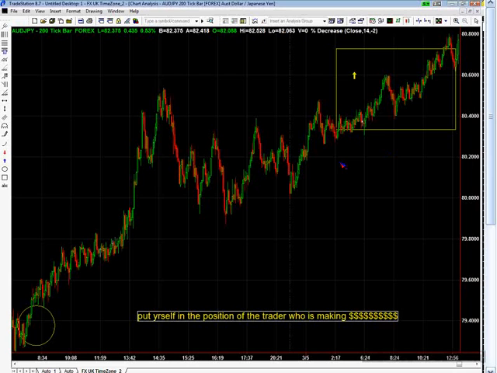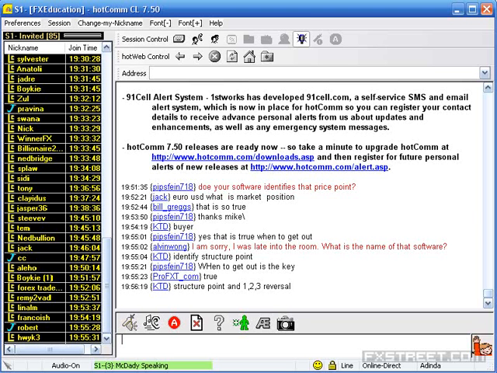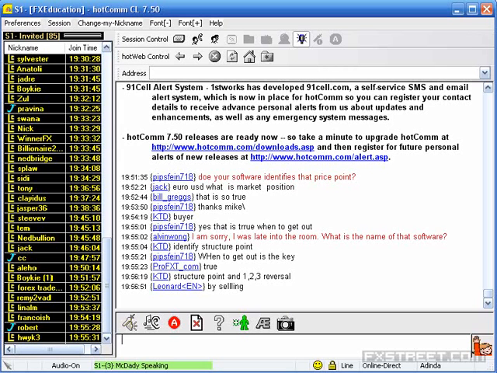The second thing is, I want to know where this guy who's making this money is going to take his profit. Because if he's going to take profits, how will this guy take profits, KTD? If this guy is making this money, if he's long, how will he take his profits?